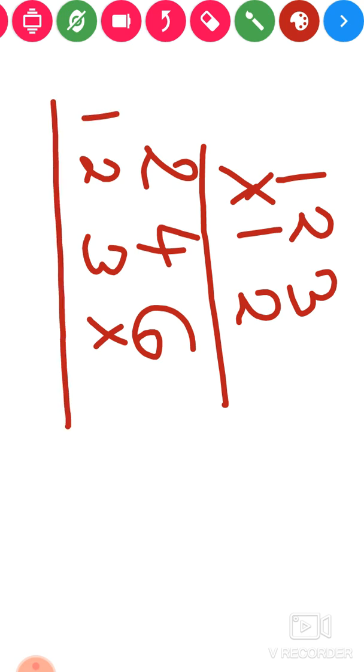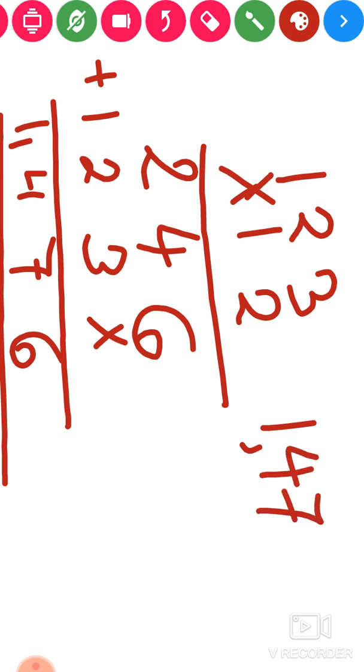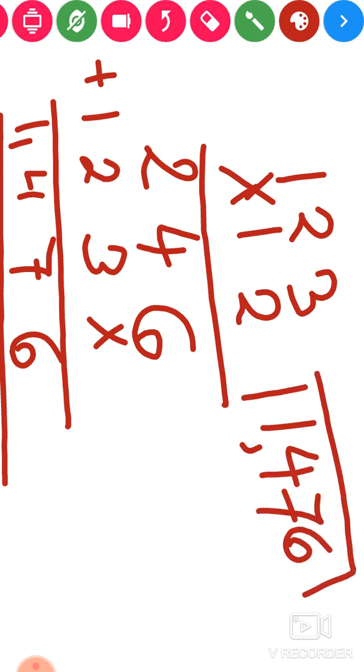Now add these numbers. 6 plus cross will give us 6. 4 plus 3, 7. 2 plus 2, 4. 1 will be 1. So our answer is 1476. I hope you all have got the same answer. Check your answer whether you have got the same answer or not.